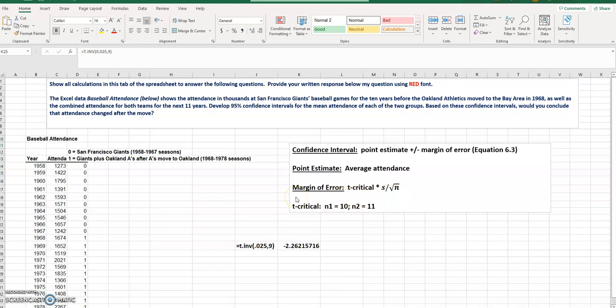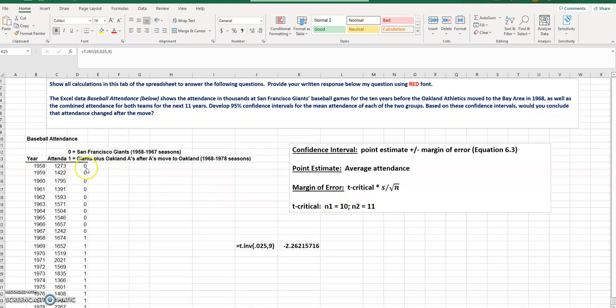Again, this is a t distribution problem, not a z distribution problem, because you're dealing with the sample standard deviation, not the population standard deviation. We understand the difference between the z distribution and the t distribution in this case, and we'll assume a bit more variation here because we don't know the population standard deviation. Remember that the t distribution is based off a number of degrees of freedom, which is related to the sample size.